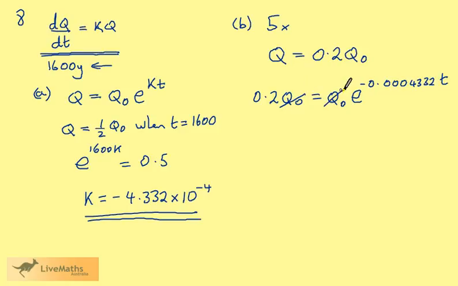The Q naughts can cancel, so 0.2 is e to the negative 0.004332t, and once again we can solve using our knowledge of logs or solve on the calculator.